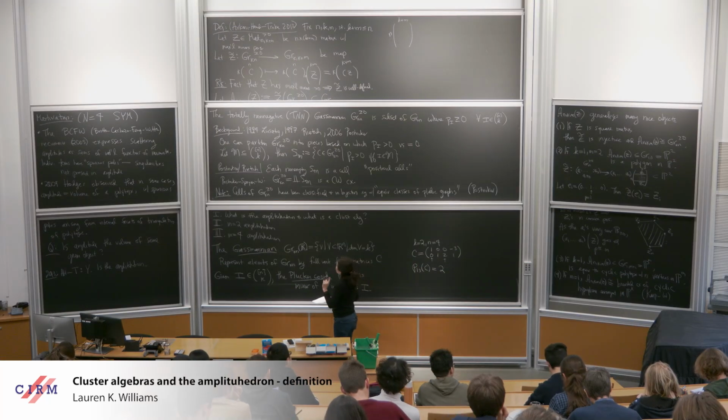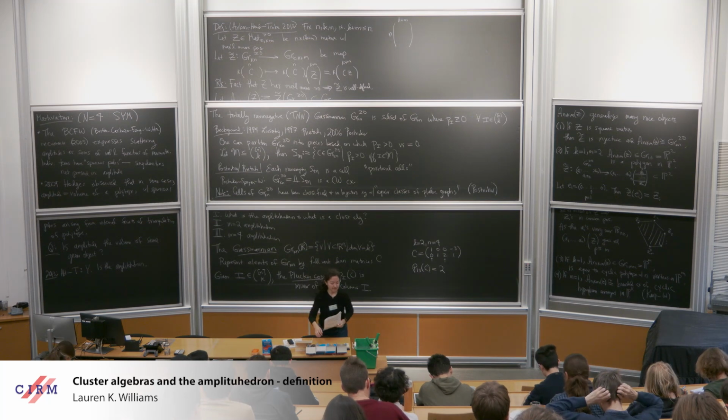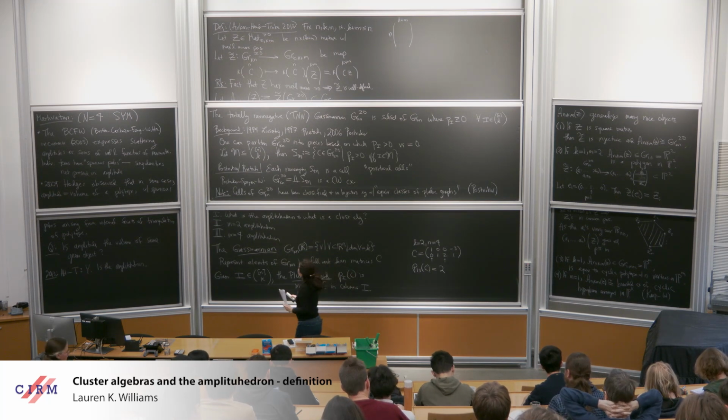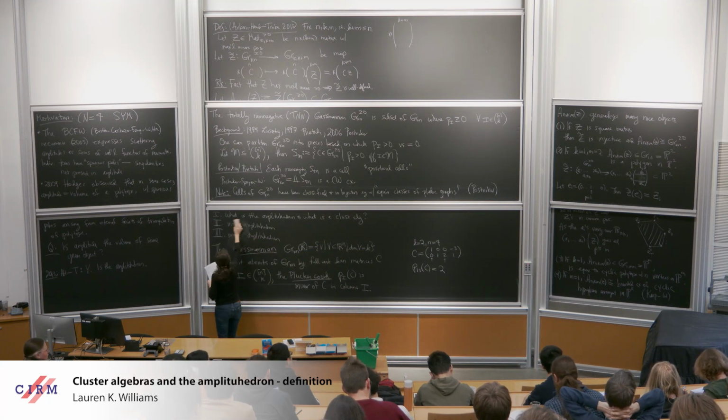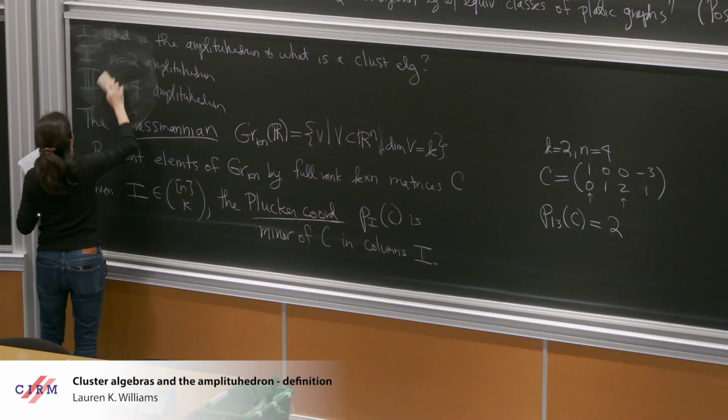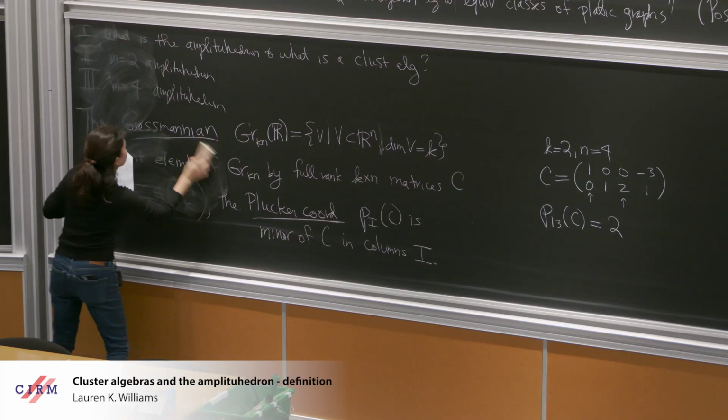Okay, now from the point of view of physics, m equals 2 and m equals 4 are the most interesting. So that's what I'll be talking about in my next couple of lectures.